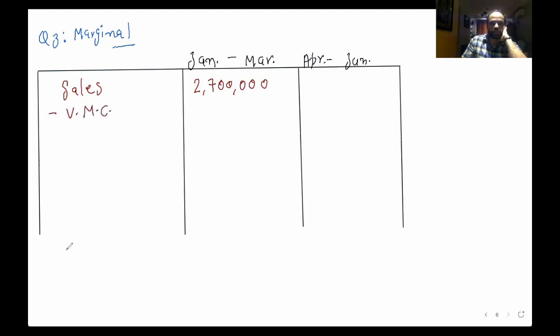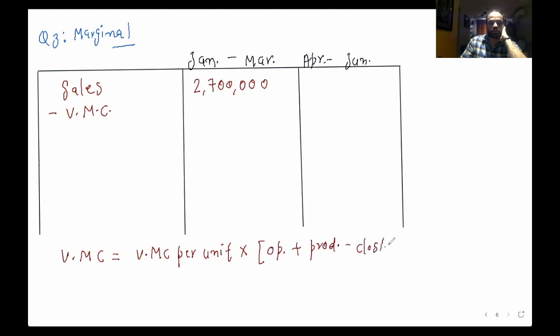So we will calculate variable manufacturing cost: variable manufacturing cost per unit multiplied by cost of goods sold in units, which is opening plus produced less closing, for quarter one.